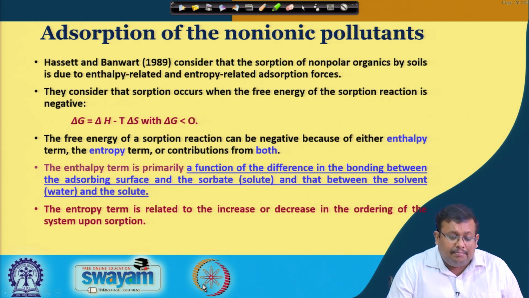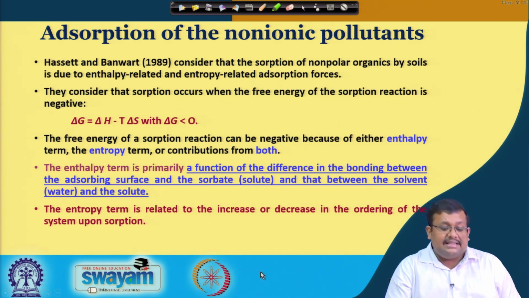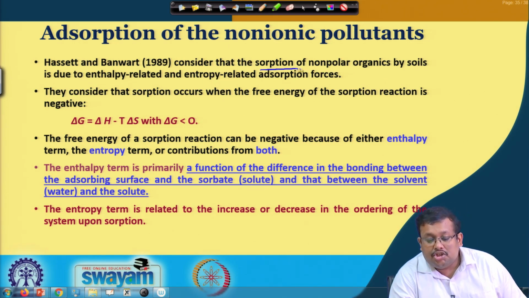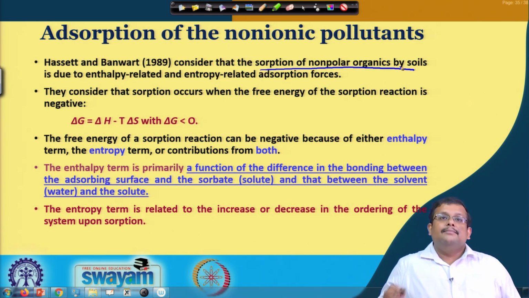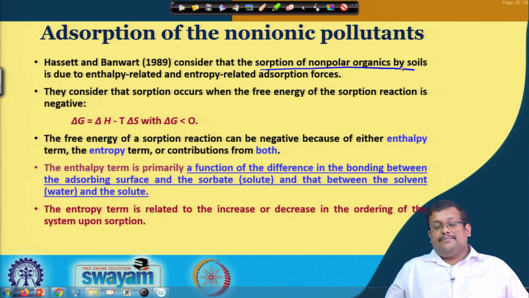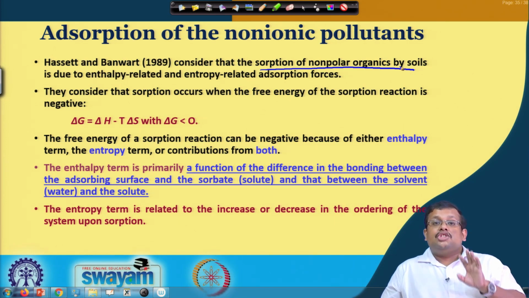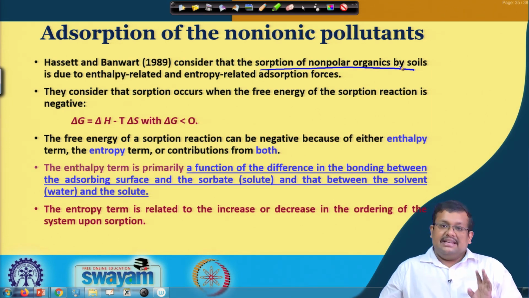So, these two scientists, Hassett and Banwart, in 1989, considered that the sorption of nonpolar organics by soil is due to enthalpy related and entropy related adsorptive forces. So, there are two types of forces, one is enthalpy related, another is entropy related. These two scientists considered that sorption occurs when the free energy of the sorption reaction is negative.